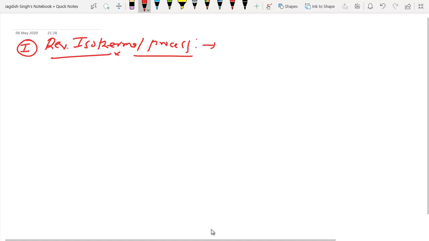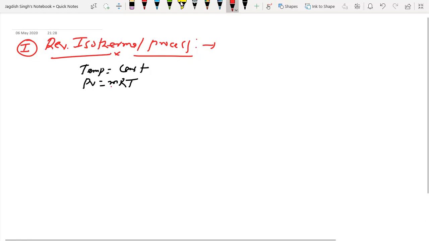We know that in a reversible isothermal process, the temperature is constant, and as per the ideal gas equation, PV is equal to mRT.